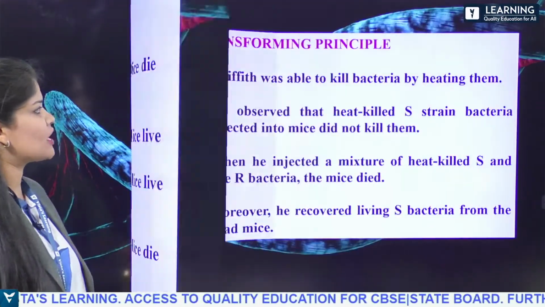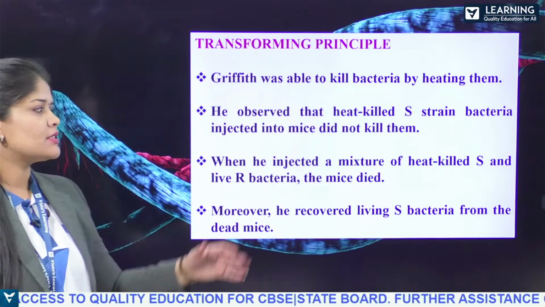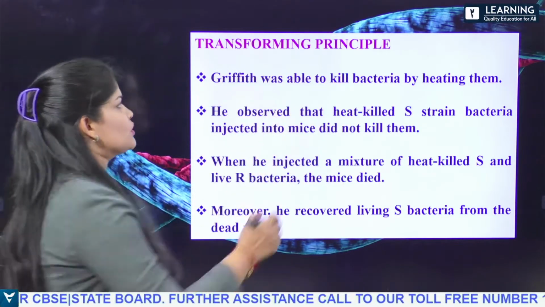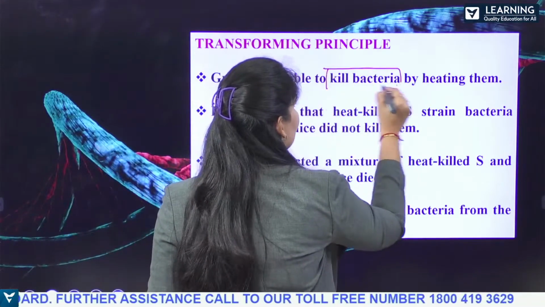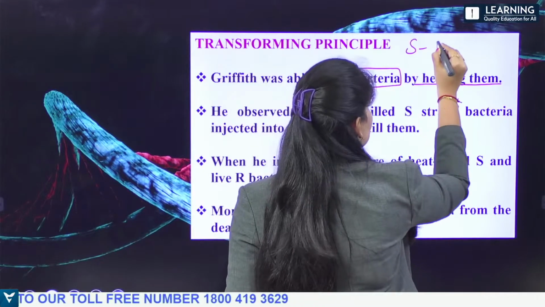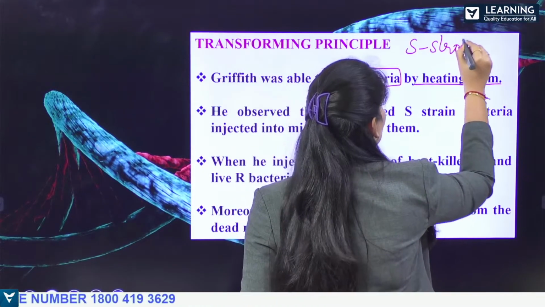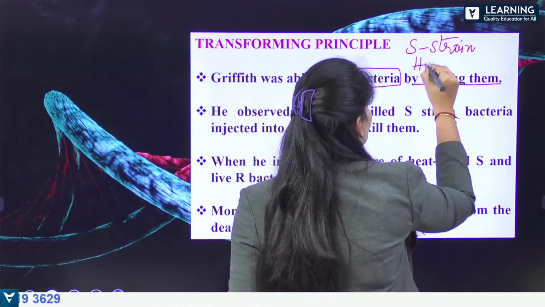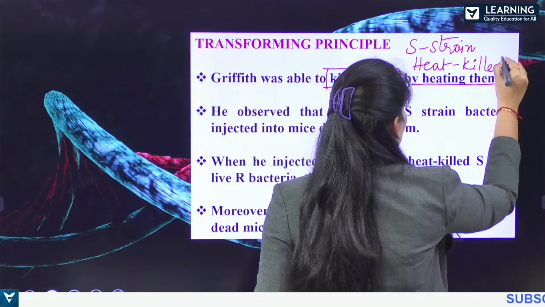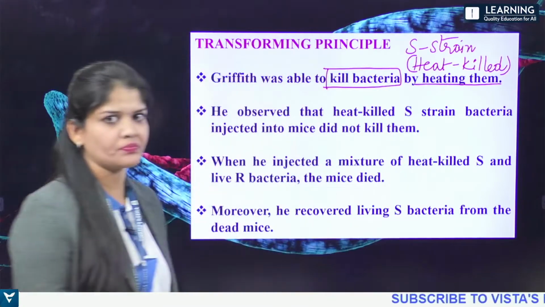Here, coming to the conclusions of this experiment, this is simple: Griffith was able to kill bacterium by heating them. That is what we call S strain heat-killed. Right?